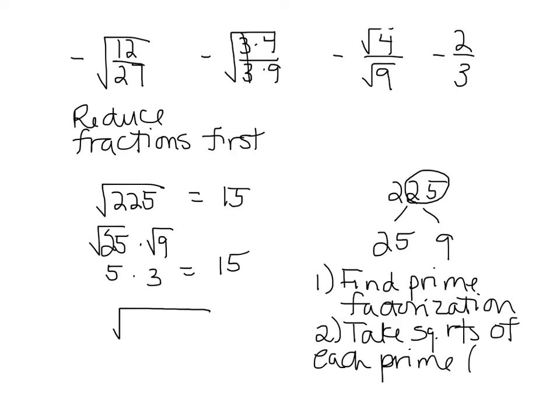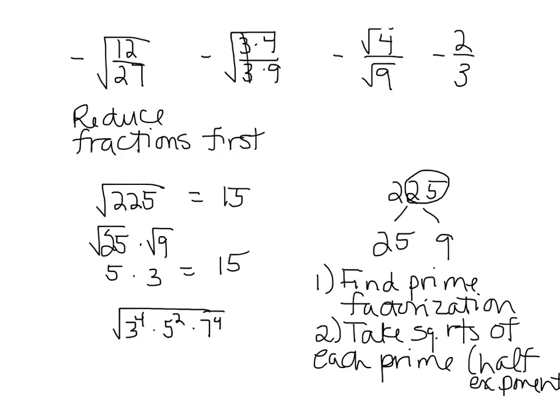And when you take the square root, it's half the exponents. So let's say the number is 3 to the 4th times 5 squared times 7 to the 4th. This is a really big number.